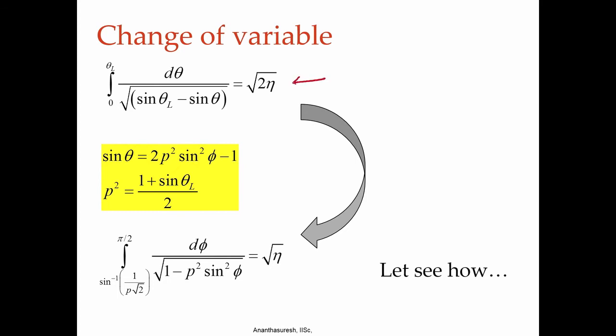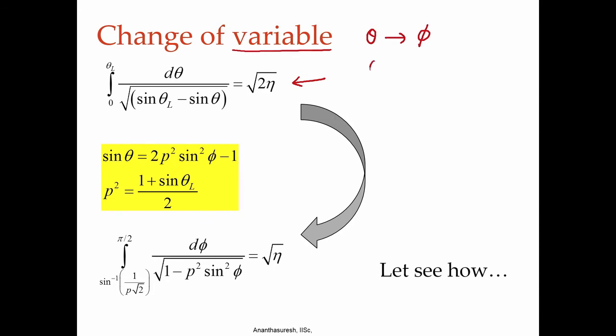Okay. Now, how do we solve this? This is the equation that we have at this time. How do we solve it? In order to solve, we use change of variable. We are changing theta to another variable called phi, and these are the equations that we are using. So, sin theta is 2 p square sin square phi minus 1, and then p square is 1 plus sin theta L by 2.